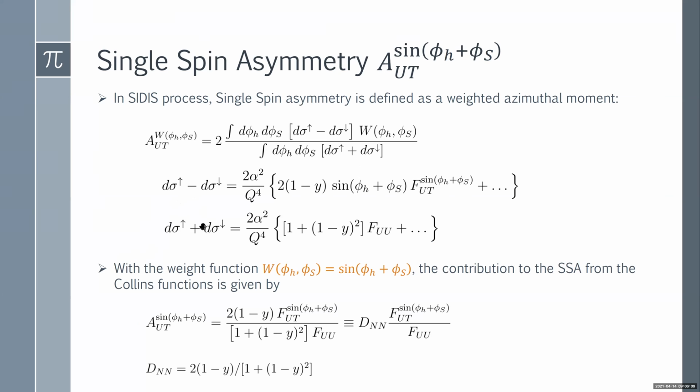In the denominator, the sum of the transversely polarized cross sections gives the unpolarized cross section, with this expression. When we consider the weight function sin(phi_h plus phi_S), the contribution to the single spin asymmetry comes from the Collins function, given in this expression.